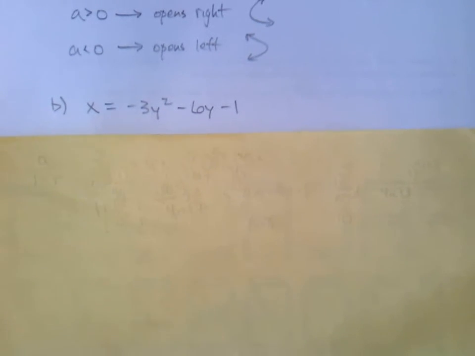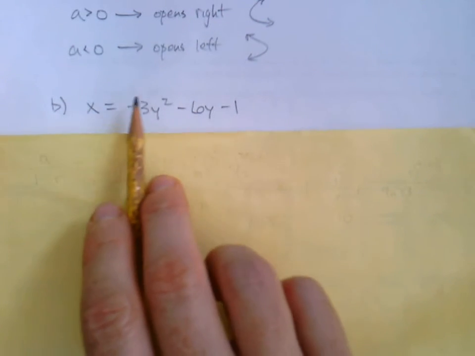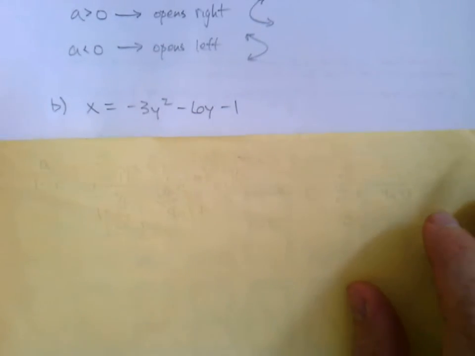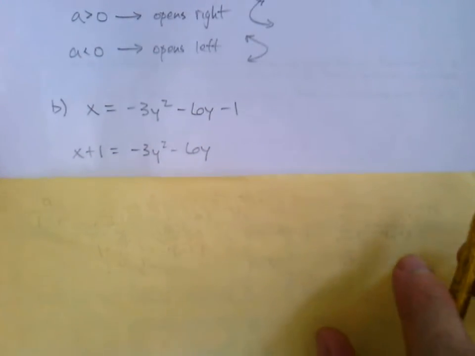Well, the steps are really exactly the same as for the parabola that might open up or down. We're going to begin by adding that 1 to the other side, grouping together the y's, like so.